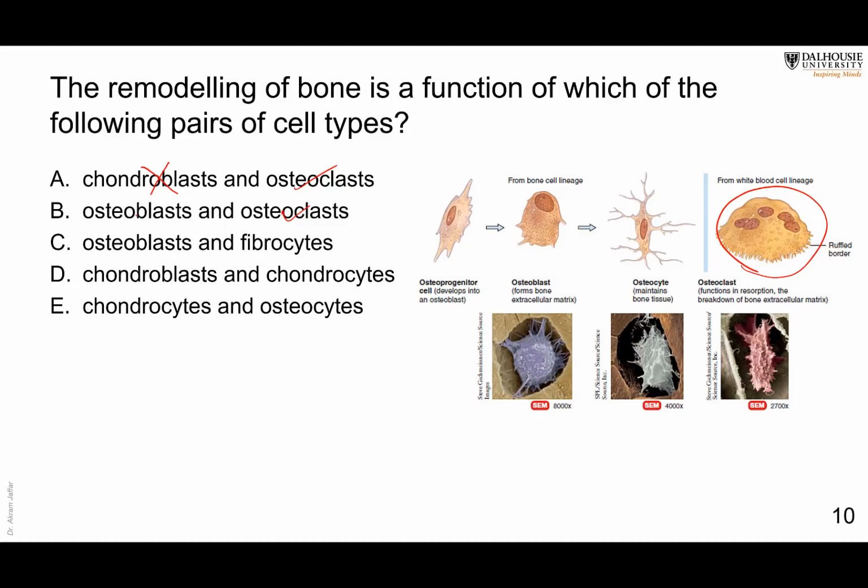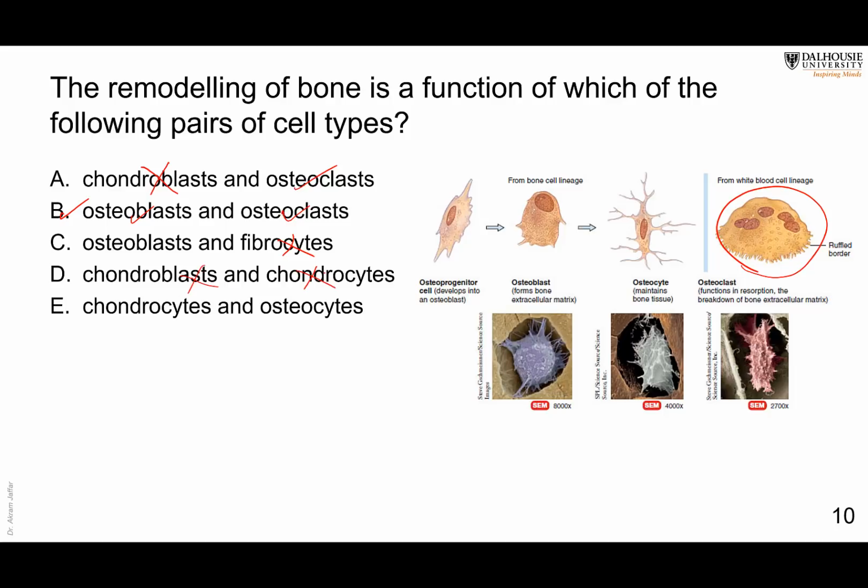Let's look at the other options. Osteoblasts put down bone, but they do not work in pairs with fibrocytes because fibrocytes are the cells that are present in connective tissue proper. Both chondroblasts and chondrocytes are responsible for the formation of cartilage and they are not involved in bones.